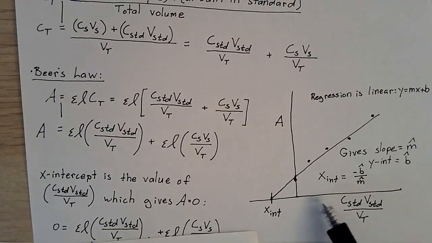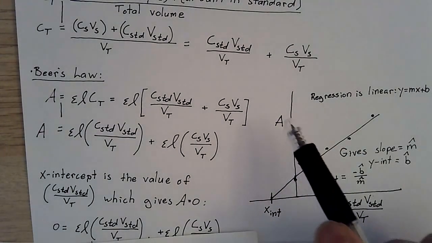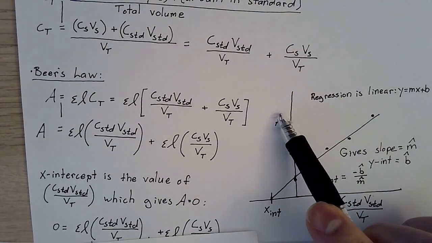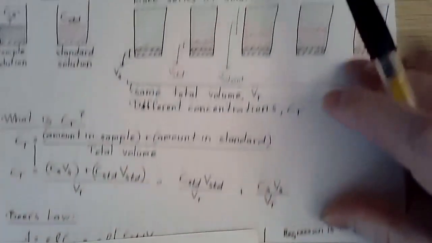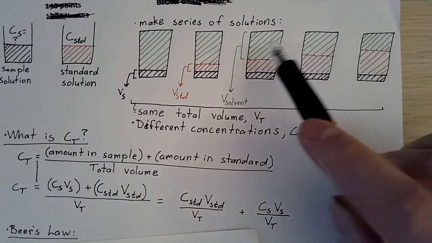Now, I'd mentioned that you have some options here in terms of what you plot. You'll always want to plot absorbance, but you don't necessarily have to plot this specific thing. You have to at least plot the volume of standard added, since that's the only thing that changes in each one of these.